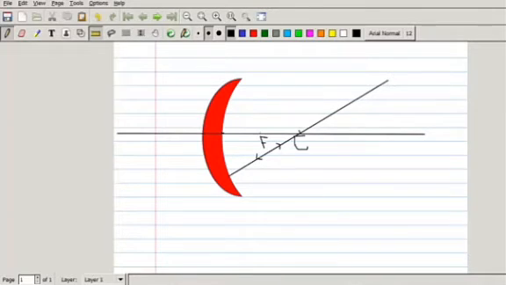Light ray falling on the mirror through the center of curvature will be reflected back along the same direction.